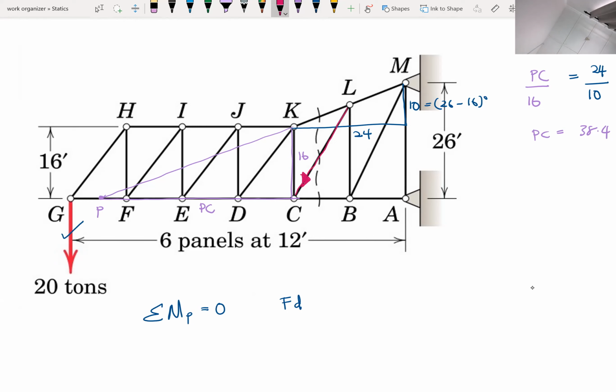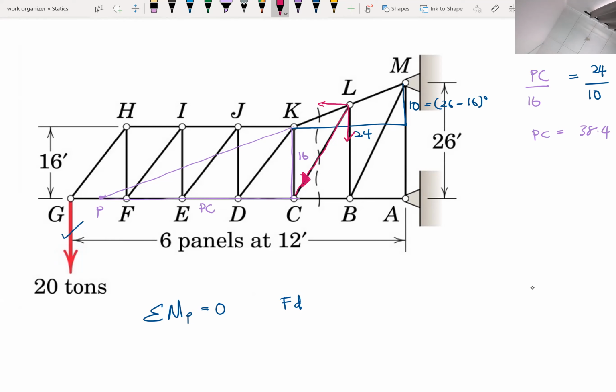Now we have to determine the angle. The angle is in this way, in this way and in this way.